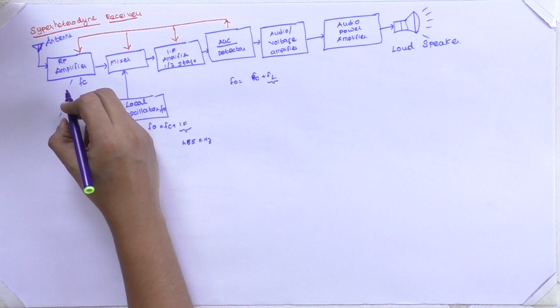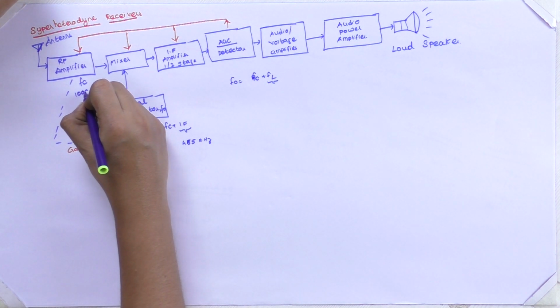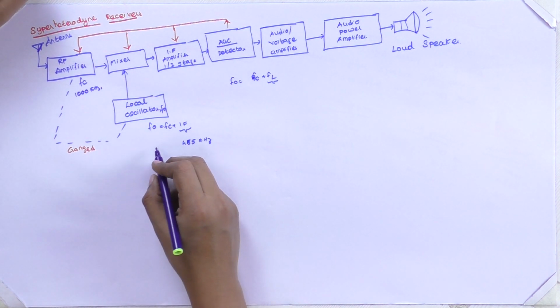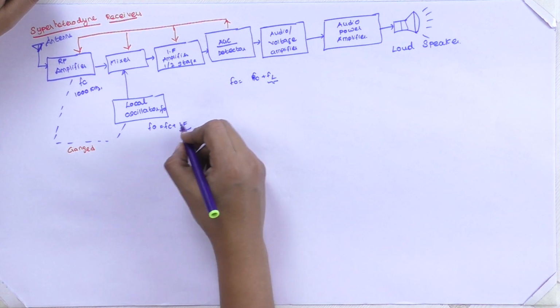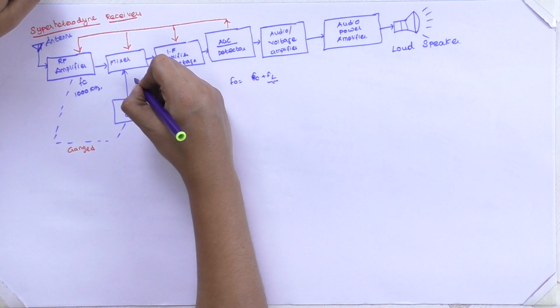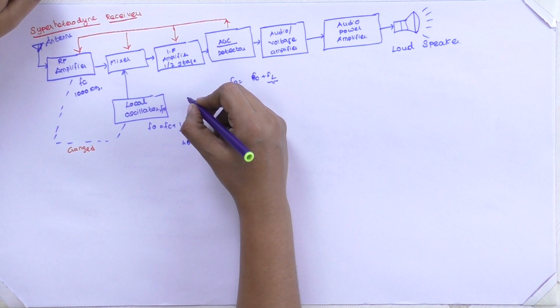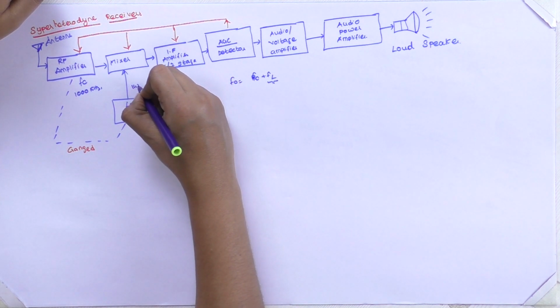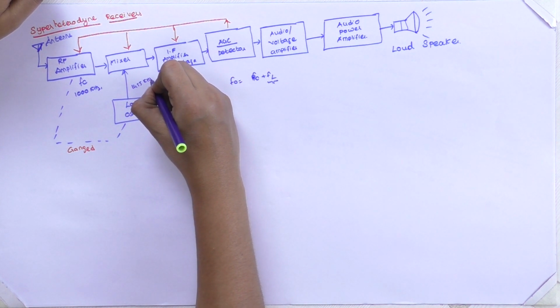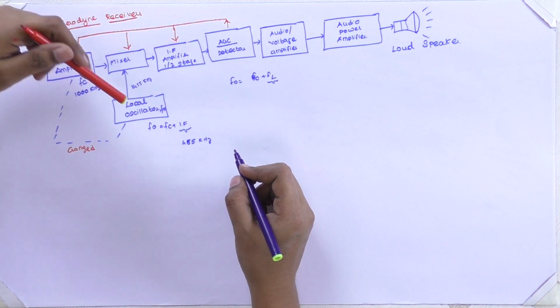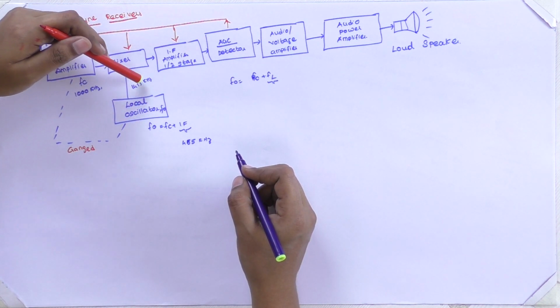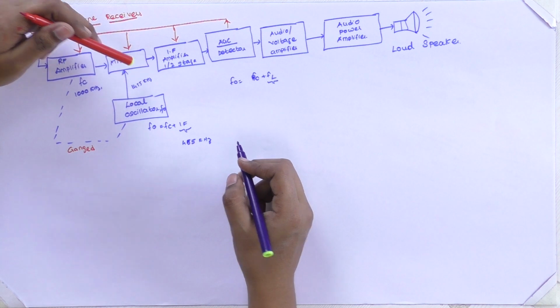For example, assume our incoming frequency is 1000 kilohertz. Adding the 455 kilohertz, 1000 plus 455, the result is 1455 kilohertz.